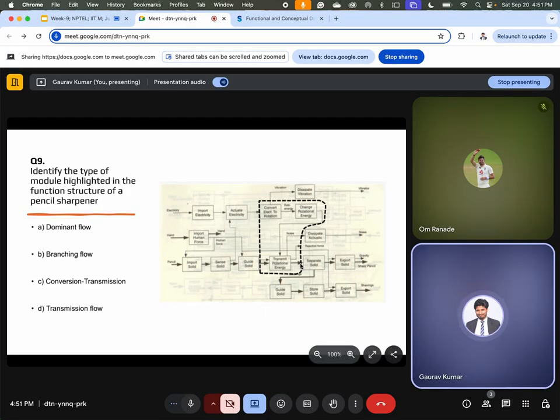Other heuristics such as branching flow or dominant flow do not apply here because the sharpener does not split a single input into multiple flows. Instead, it clearly demonstrates the conversion of energy from one form to another with transmission to achieve the cutting action. So C is the right answer, convergent transmission.